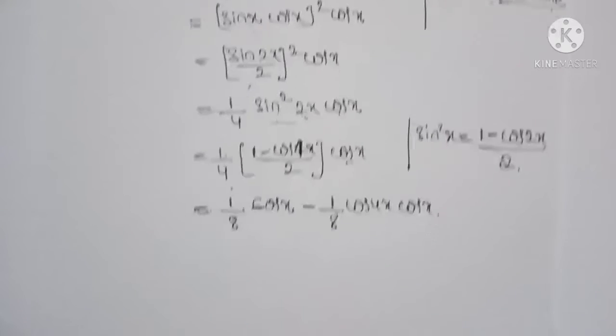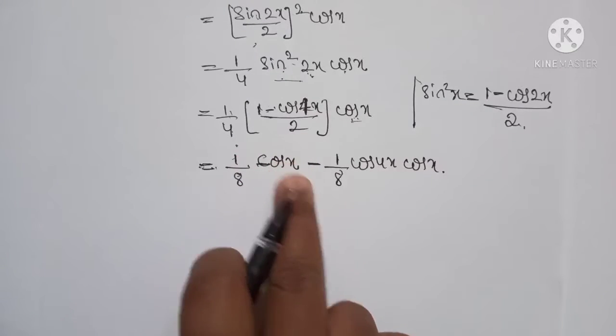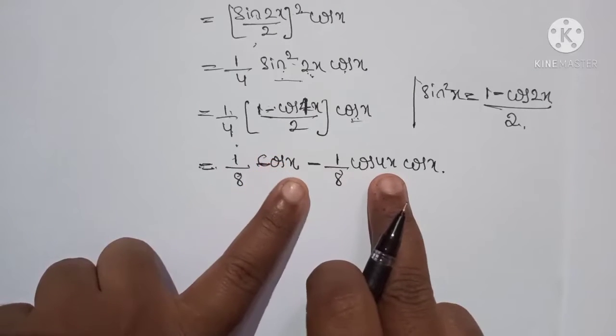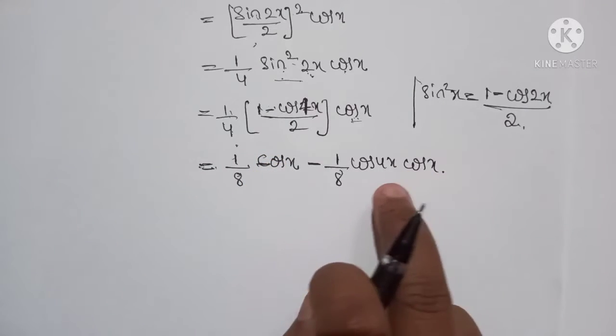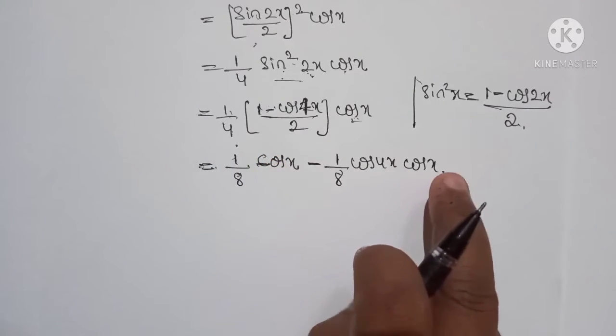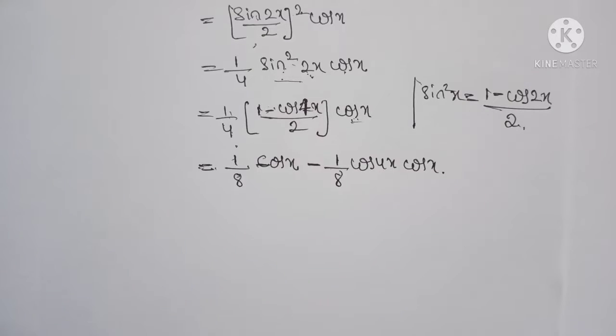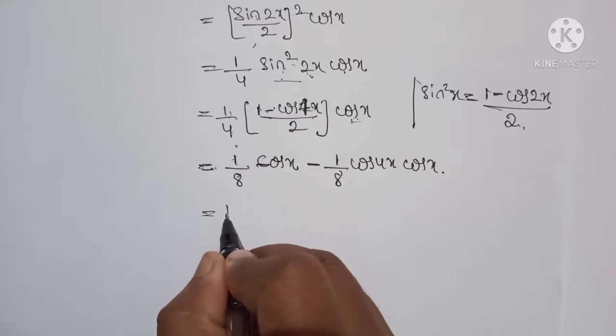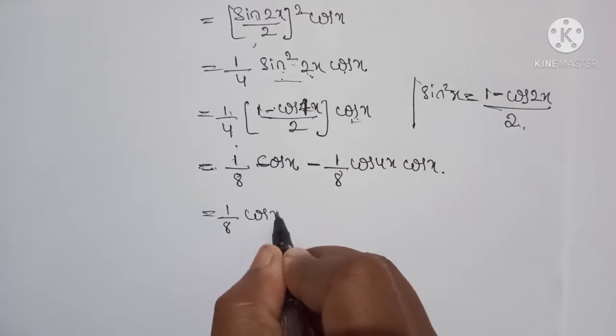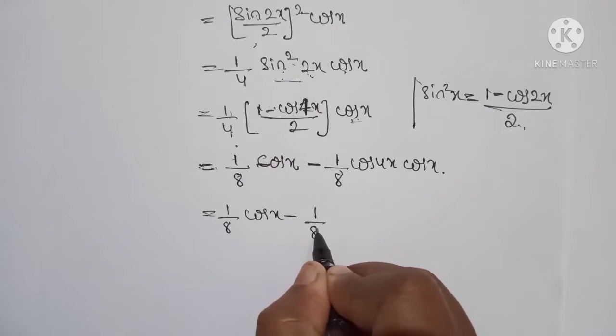Here we can apply the formula directly, but we have cos 4x into cos x, so we use the cos A cos B formula here. So that is 1 by 8 cos x minus 1 by 8 as it is.